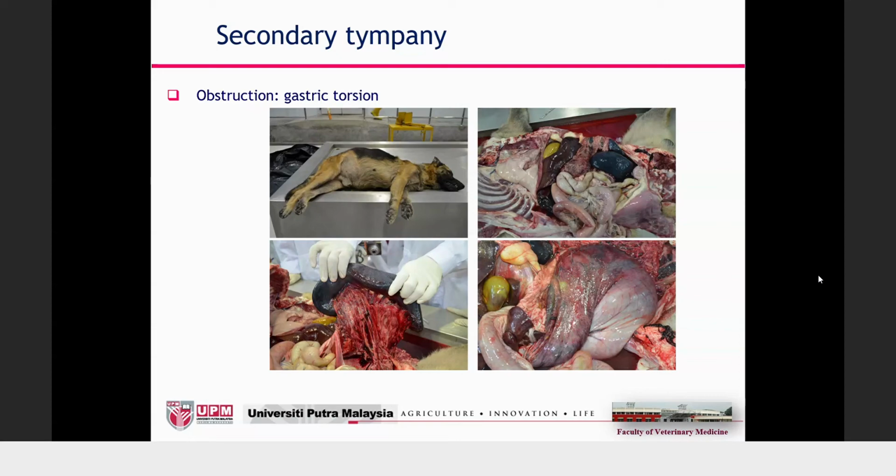But if both are present, most likely the cause of death is the frothy material first, because the secondary one is a normal gas until it becomes very severe and completely blocks the eructation. Only then can it cause very severe bloat and death. It can occur, but our diagnosis of the cause of death is probably primary tympany rather than secondary tympany. May I answer you?